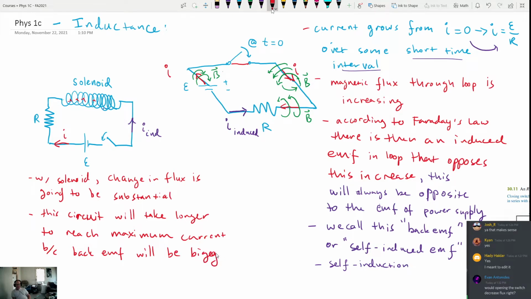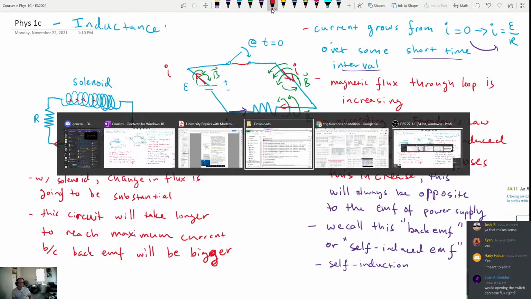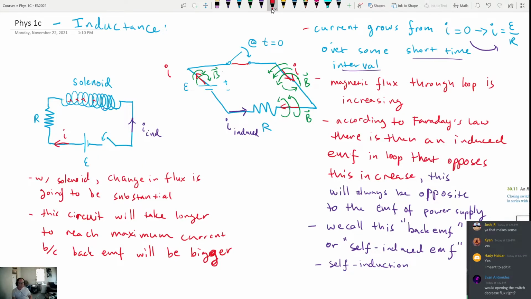And why is it bigger? It's bigger because the change in flux through the solenoid will be larger.